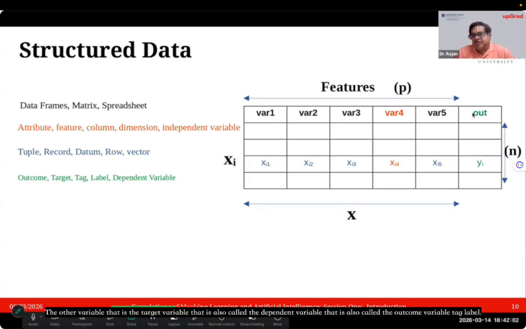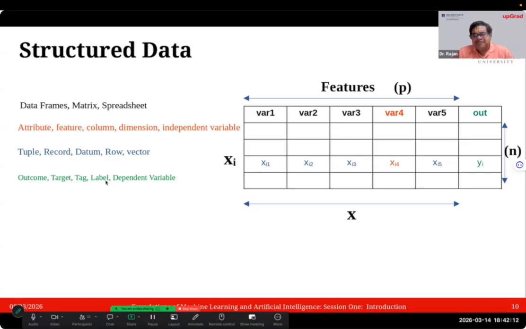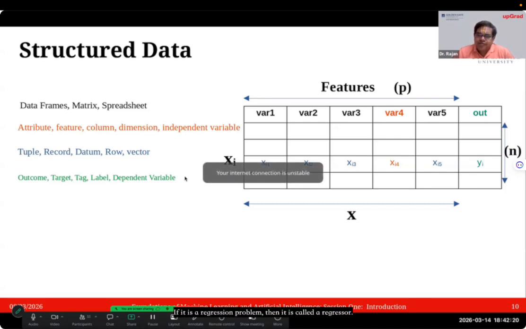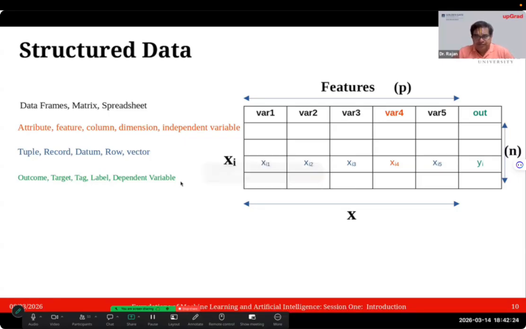The other variable, the target variable, is also called the dependent variable. It's also called the outcome variable, tag, label. Okay. If it is a classification problem, then it's called a class variable. If it's a regression problem, then it's called a regressor. Okay. So different types of names.